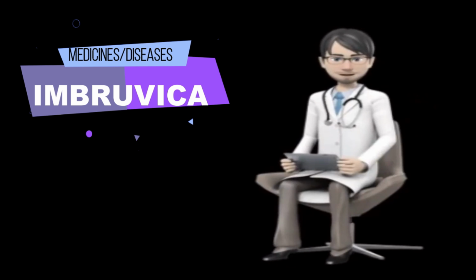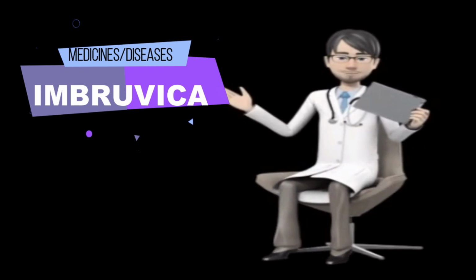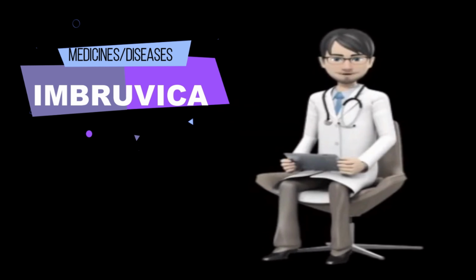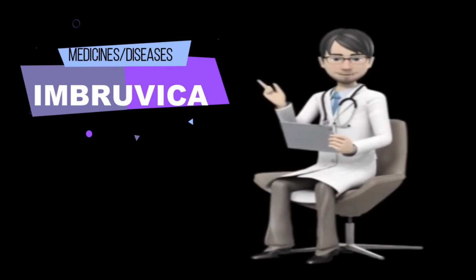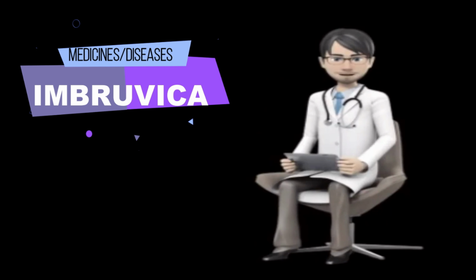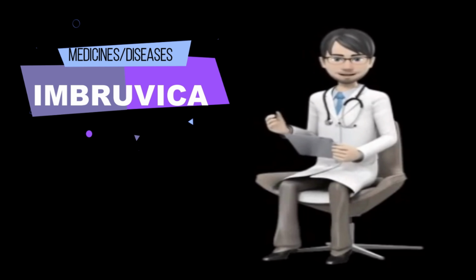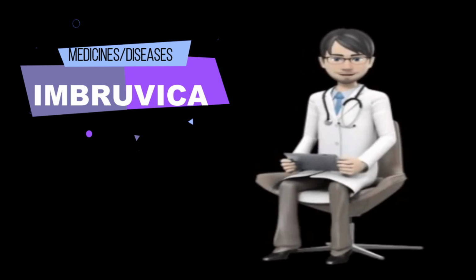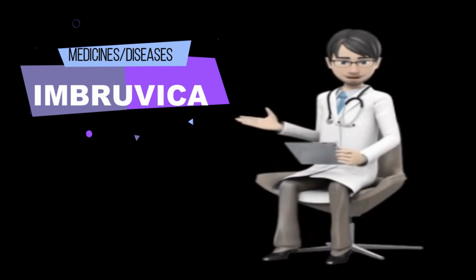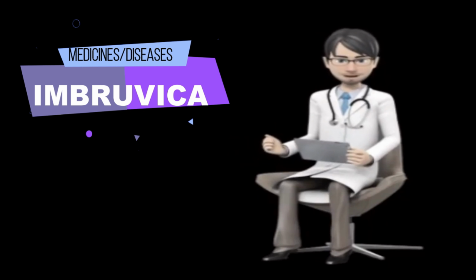What is Imbruvica used for? Imbruvica is FDA approved for chronic lymphocytic leukemia, CLL/small lymphocytic lymphoma, SLL, in adults. Chronic lymphocytic leukemia, CLL/small lymphocytic lymphoma, SLL, with 17p deletion in adults. Waldenström's macroglobulinemia, WM, in adults.